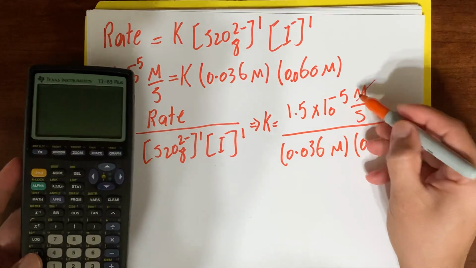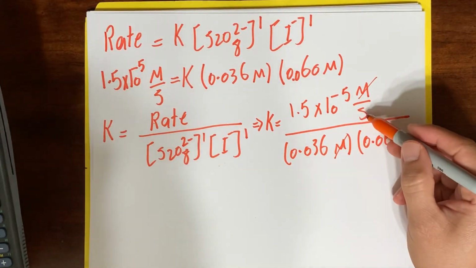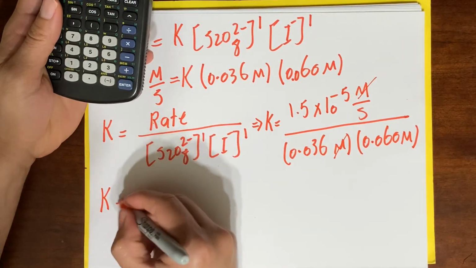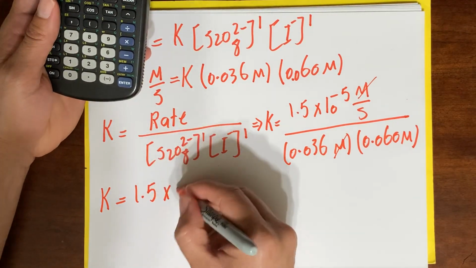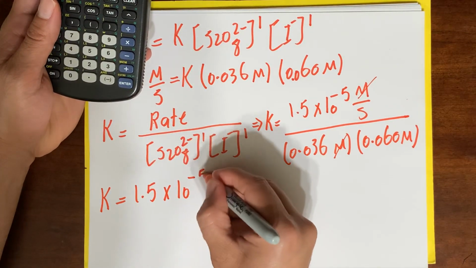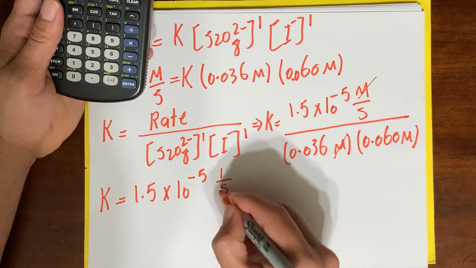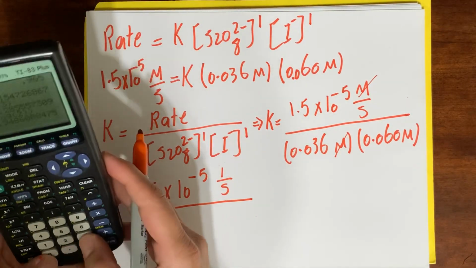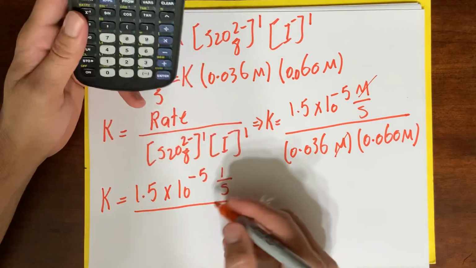You cancel 1 M by 1 M, you are left with another M, and you have second as well. So I'm going to get K equal to 1.5 multiply 10 to the power of minus 5, 1 over second, divided by 0.036 multiply 0.060.